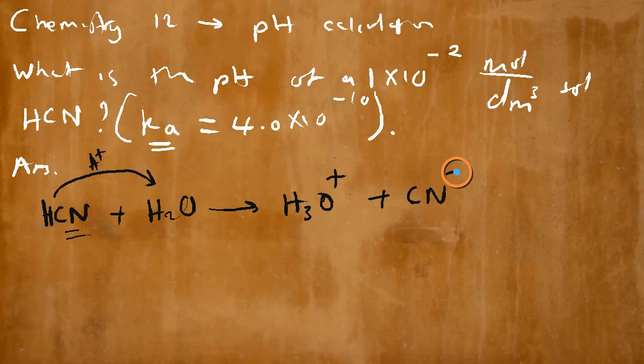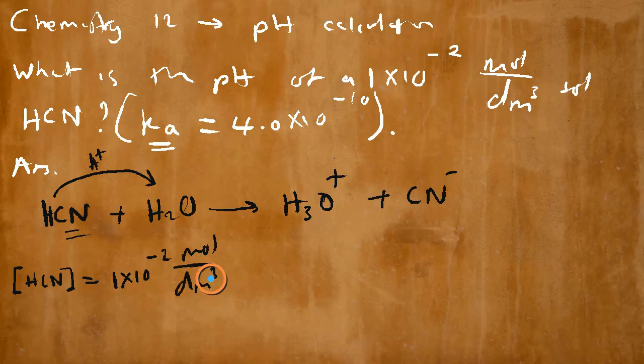Okay, now that we have this scenario here, we can see that on this left hand side, that's where we've got our HCN, and we are told the concentration of this particular HCN. It is given by 1 times 10 to the negative 2 mole per cubic decimeter, so dm3.